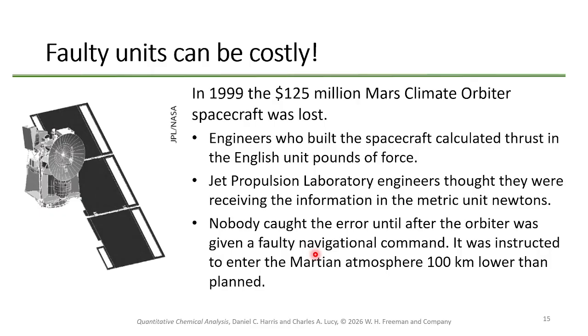Guess what happens when you try to brake way lower in an atmosphere? Wham! Right into the planet. Goodbye. This was 10 years of development and time of some of the best scientists on the planet and hundreds of millions of dollars. All because of a stupid mistake that their general chemistry teacher almost certainly told them: write your damn units.